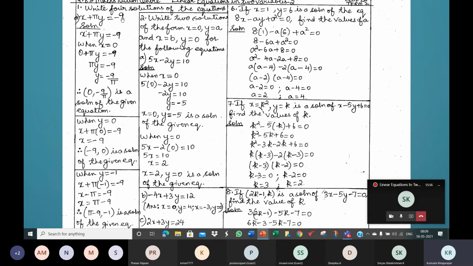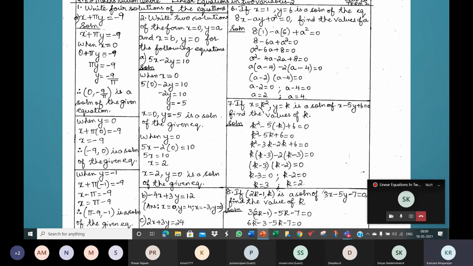So this equation has infinitely many solutions. Of those, you need to find 4 of them, that is, the address of 4 points which lie on that straight line, without making the graph.